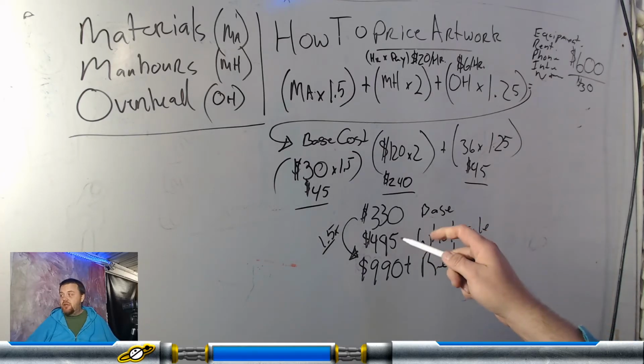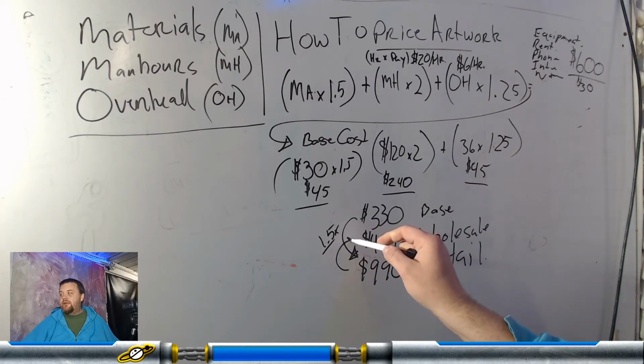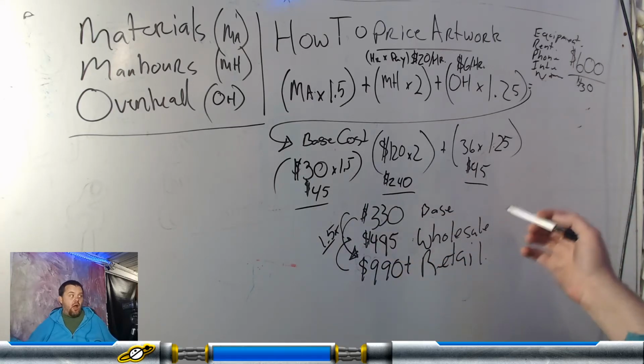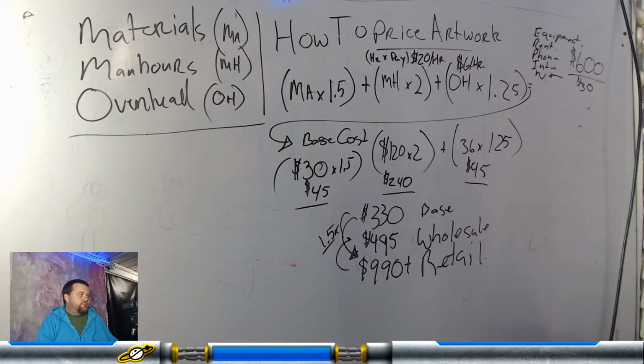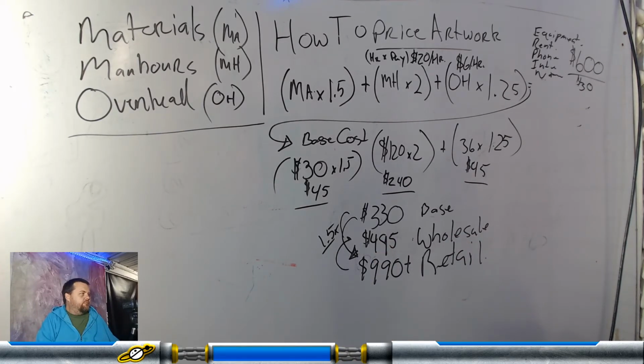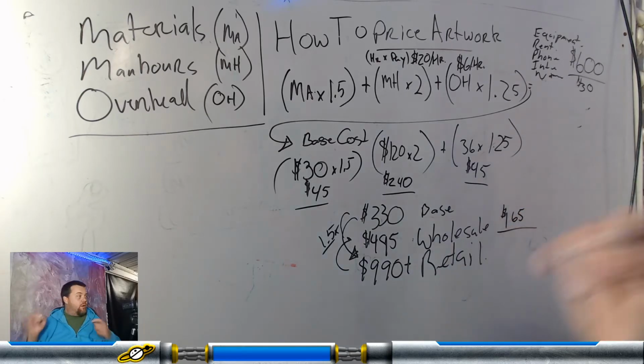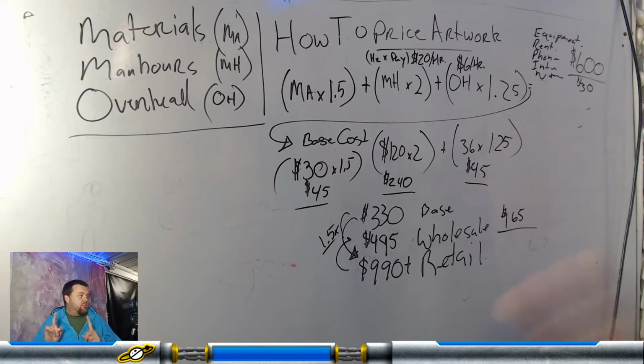So that way you get $495 and your base cost is that, which makes you have an actual profit of $165 for that one painting that you achieve pure profit on.